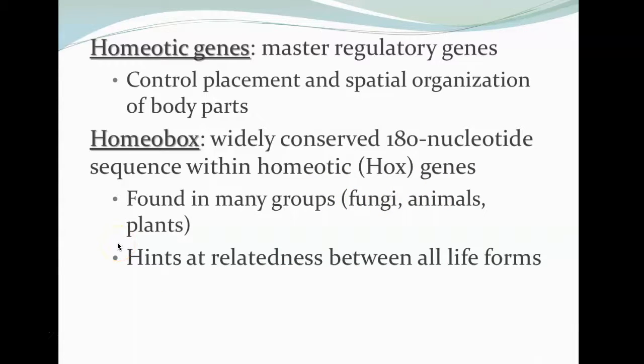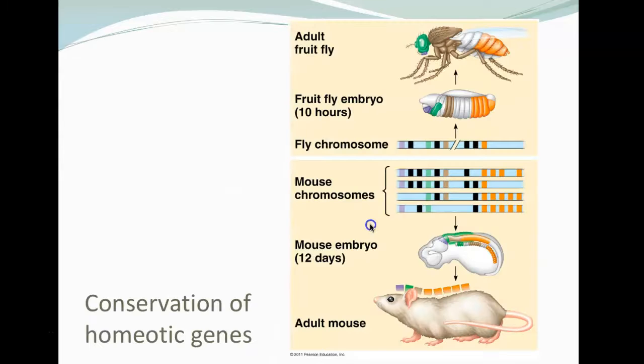If a certain gene or a certain DNA sequence is widely conserved, that is going to be used as evidence that we are all related through the process of evolution and that we all evolved from one thing. All right. Kind of a crazy concept, I know. So if you have any questions over that, let me know.